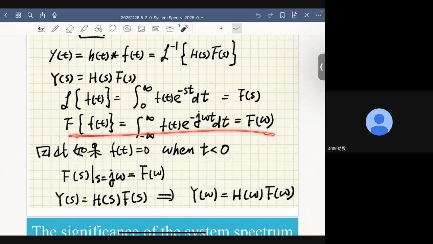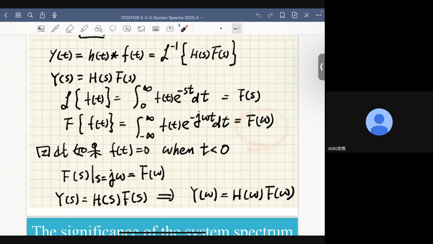Here in performing frequency domain analysis, we don't use the Laplace transform. The mathematical foundation for frequency domain analysis, spectral analysis, is the Fourier transform.